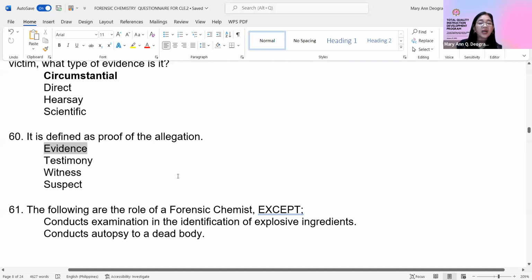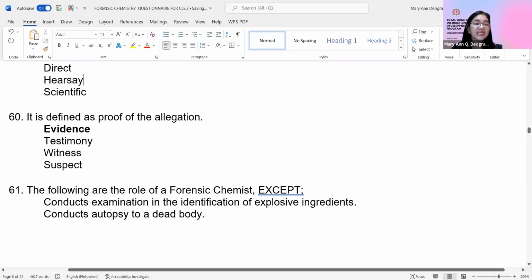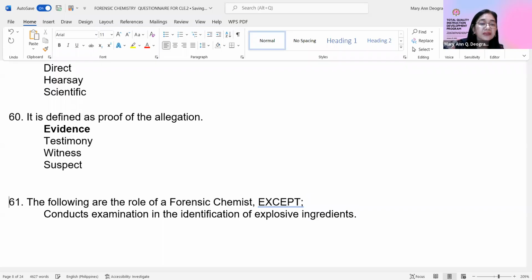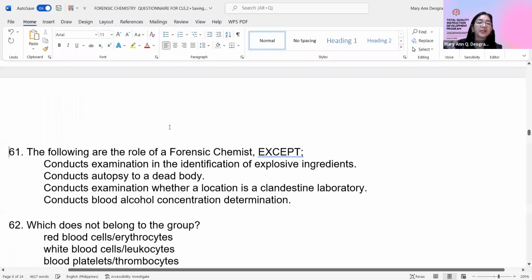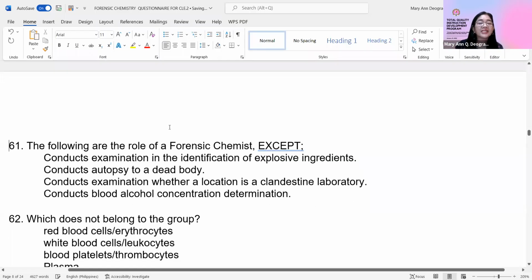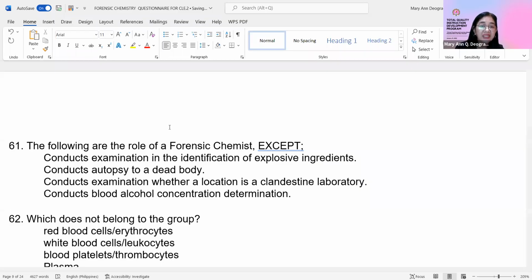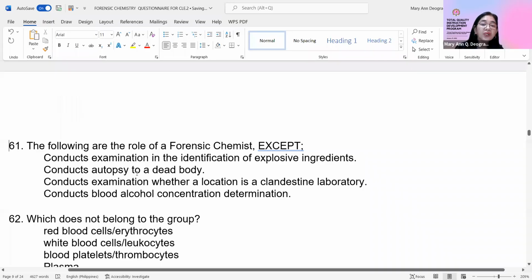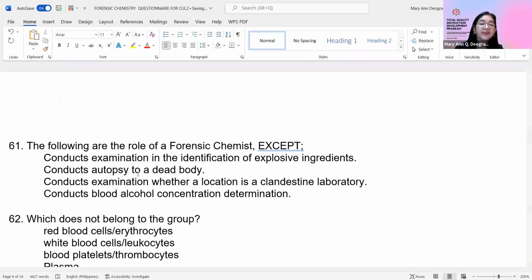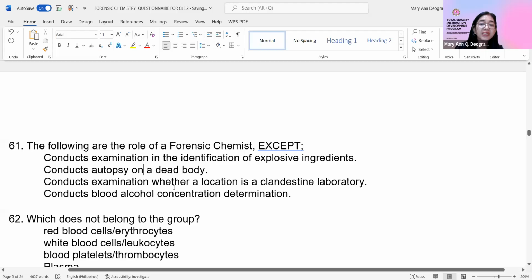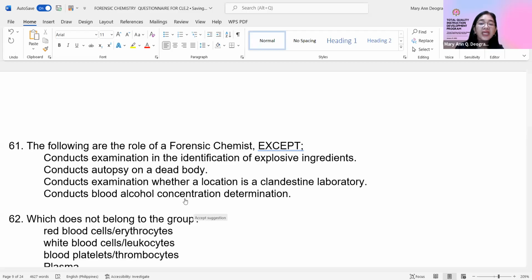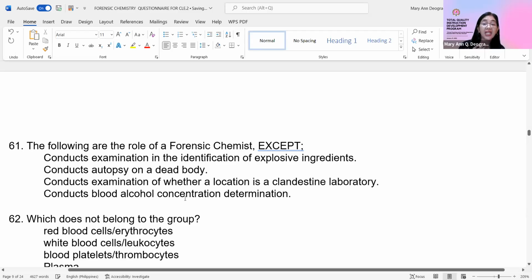The following are the roles of a forensic chemist except. Okay, baba natin para makita. A, conducts examination in the identification of explosive ingredients. B, conducts autopsy on a dead body. All right. C, conducts examination of whether a location is a clandestine lab.